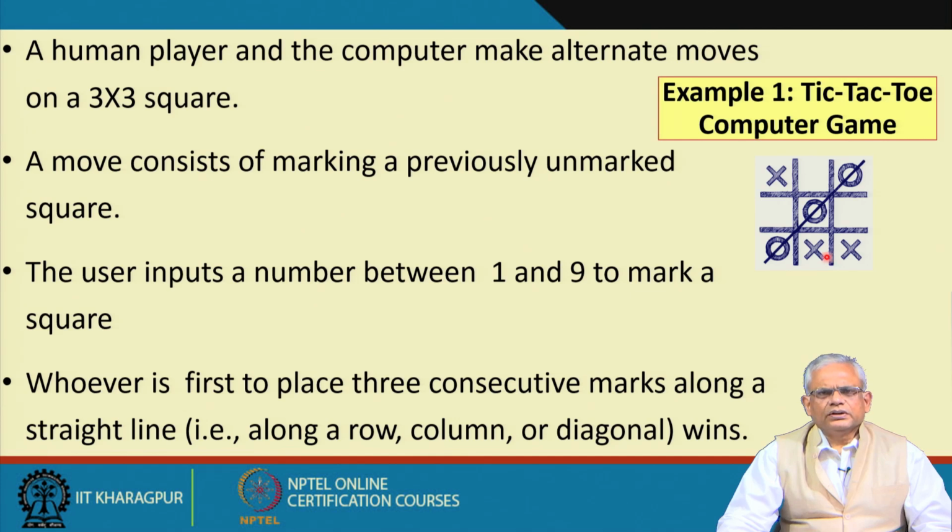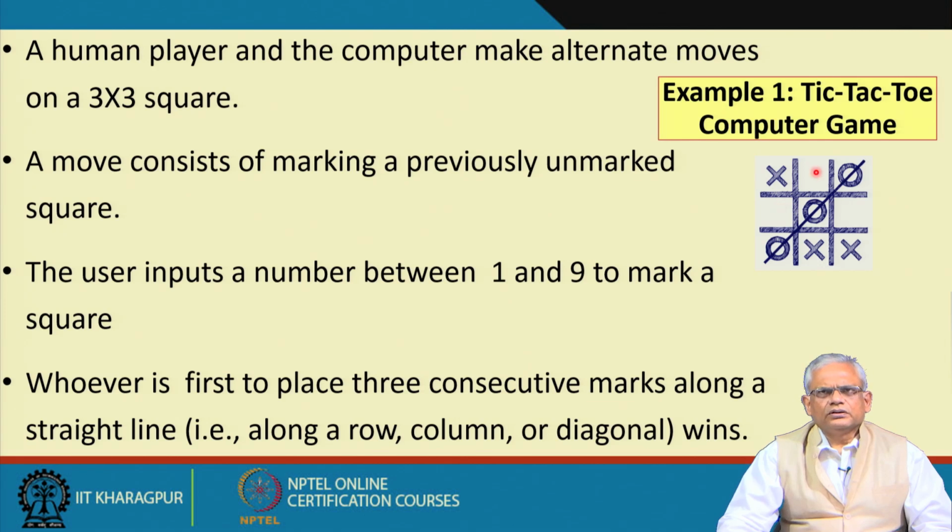So, the computer and the human player take turns in marking the square, and anybody who gets 3 on a straight line, either on the diagonal or on the row or the column, wins.